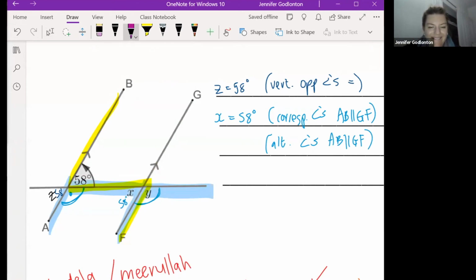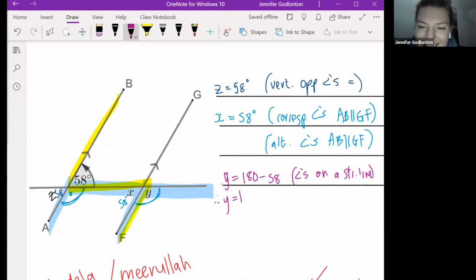Ma'am, first you'd say y equals 180 minus 58. Good. What's my reason? Your reason would be angles on a straight line. Then your answer would be y equals 122. Nice. Okay. We have got X, we have got Y, we have got Z.